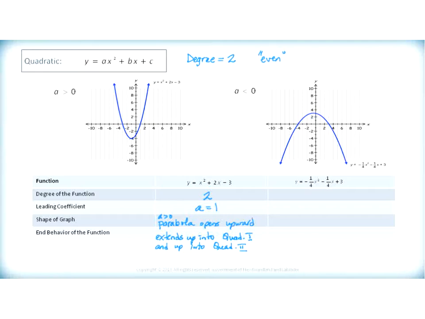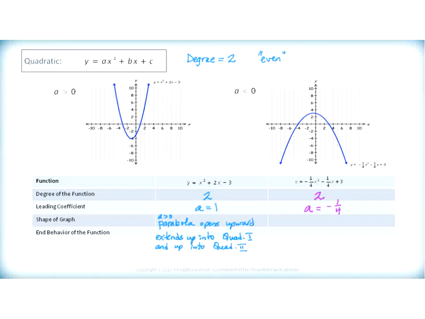For the other function, we have a parabola that opens downward. This function is given by y equals negative 1/4 x squared minus 1/4 x plus 3. And that's the function that you see graphed here. The degree of the function is again 2. The leading coefficient in this case is negative 1/4.